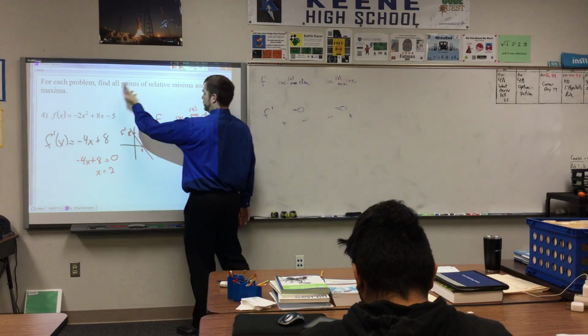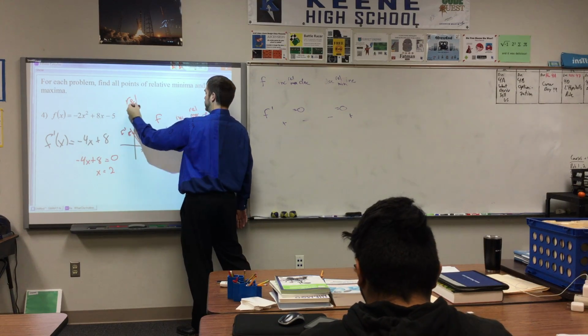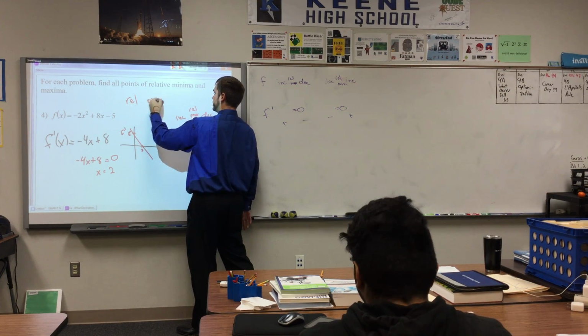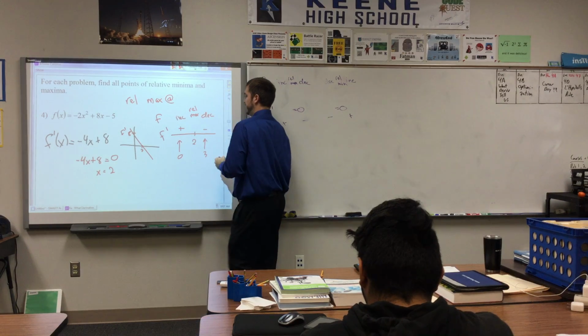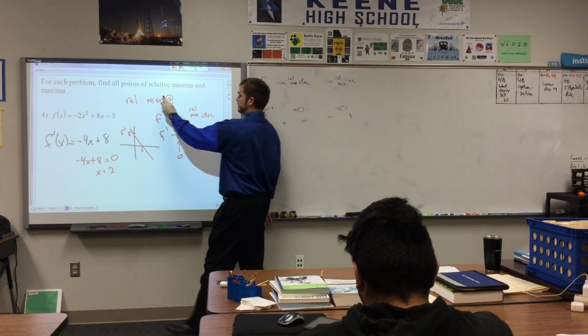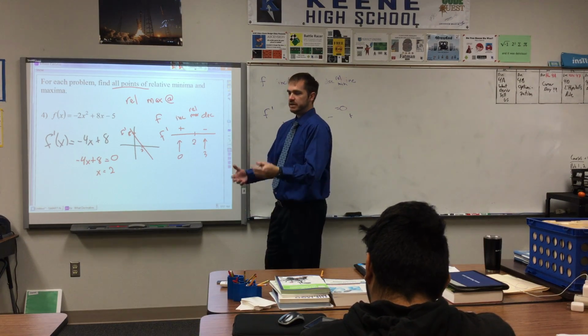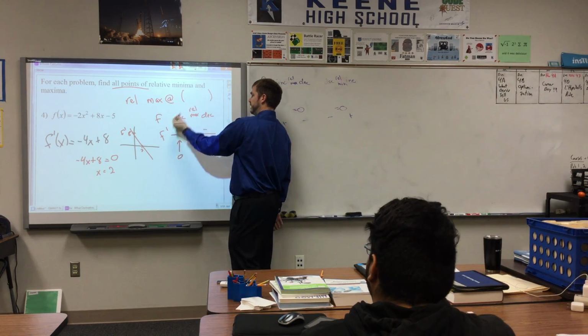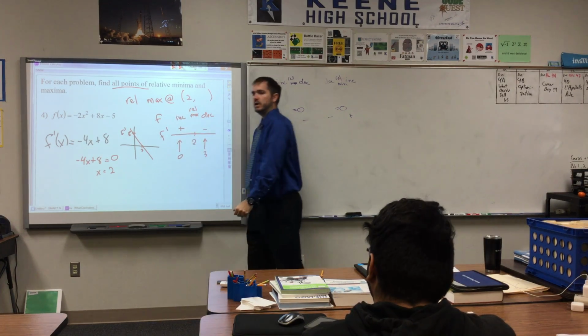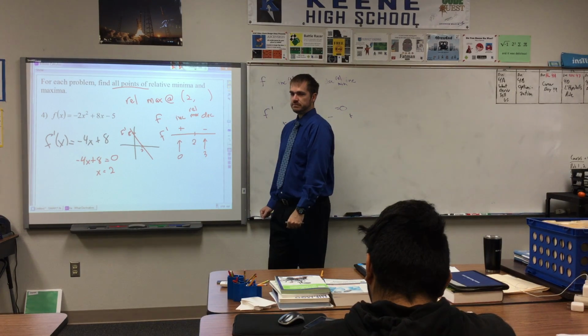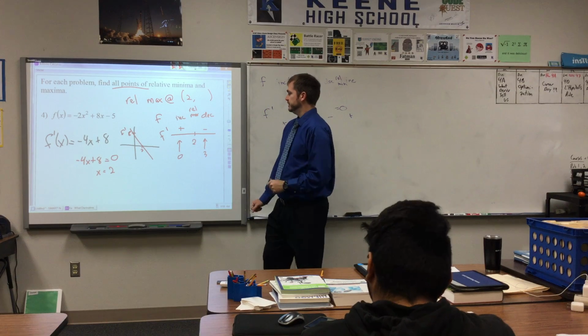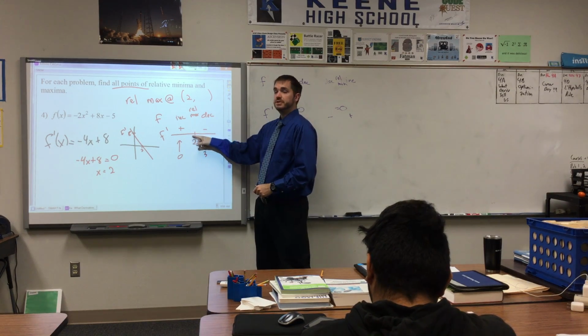All right. So for our answer, we would say there's a relative max at. Now they say find all points of relative minimum and maximum, so I guess we need to put the x, y pair. So I'll say 2, comma, 0. No, that would be if I plug 2 into the derivative.